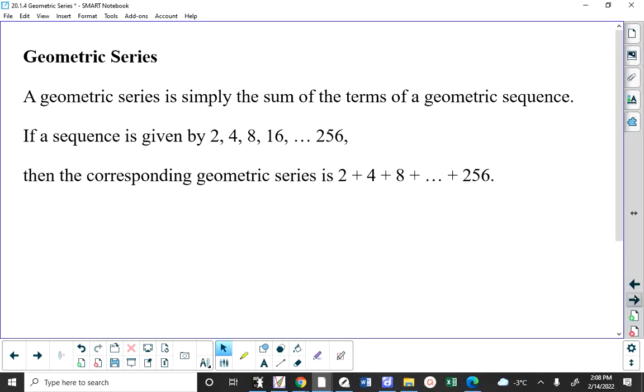As an illustration, 2, 4, 8, 16, etc. is a geometric sequence, and it is. You shouldn't have to look at that very long to see that there's a common ratio of 2. In agreement on that? Then the corresponding geometric series would be the sum of those, which is 2 plus 4 plus 8, etc.